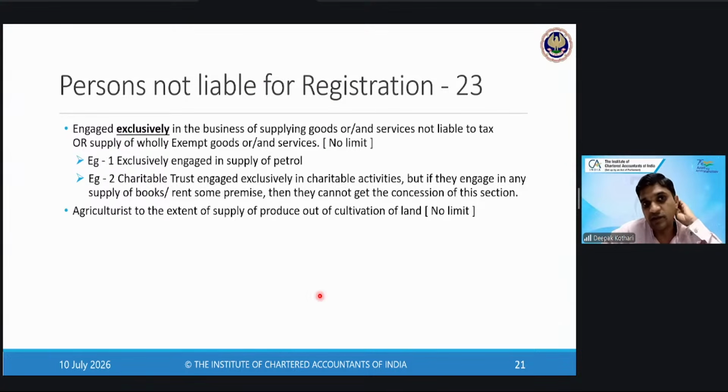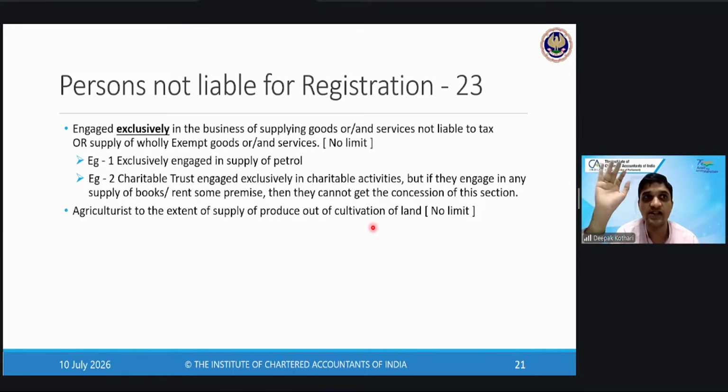Agriculturist, the second category of person, is an agriculturist to the extent of supply of produce out of the cultivation of land. Whatever grain the farm produces, on that he need not pay any GST. But if he has a vacant land and is giving it on rent for commercial purposes, then he will have to pay GST on that.